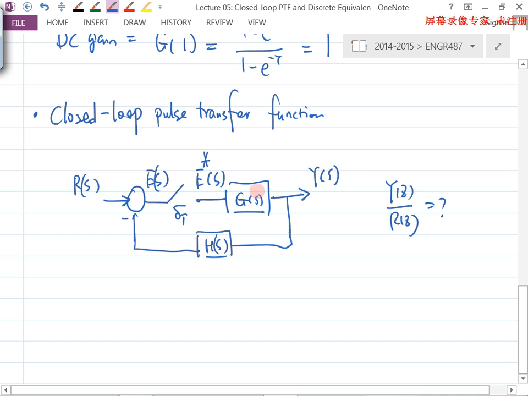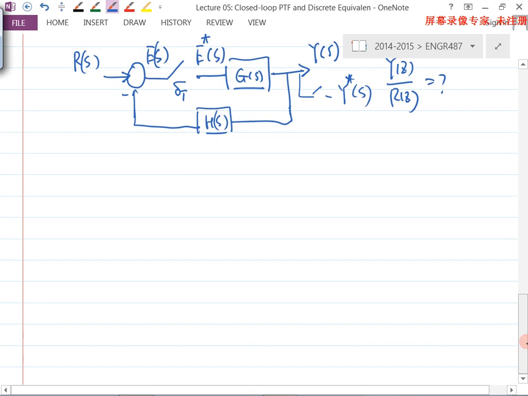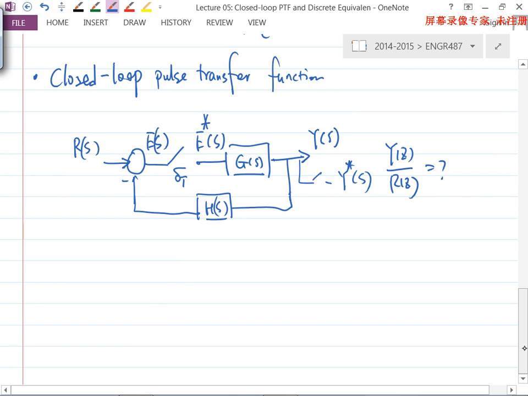All you see is continuous Y of S or R of S. But you can always put in a fictitious impulse sampler here to get Y star of S. That impulse sampler doesn't really need to exist, it's a fictitious one, so practically you don't need it there.